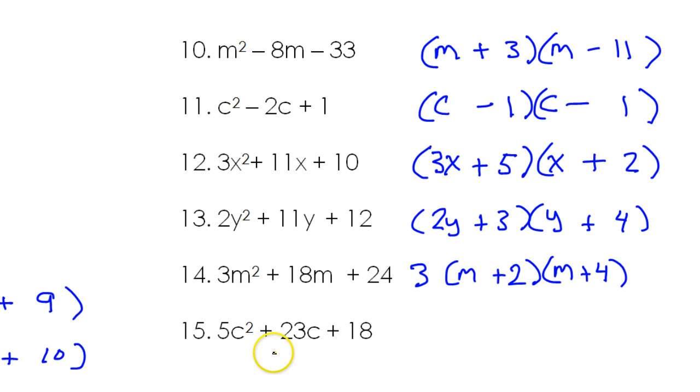Alright, number 15, last one. Is there a common factor? No, 5 is prime, so is 23. No GCF. So we'll go straight to binomial times a binomial. 5c squared can only be 5c times c.